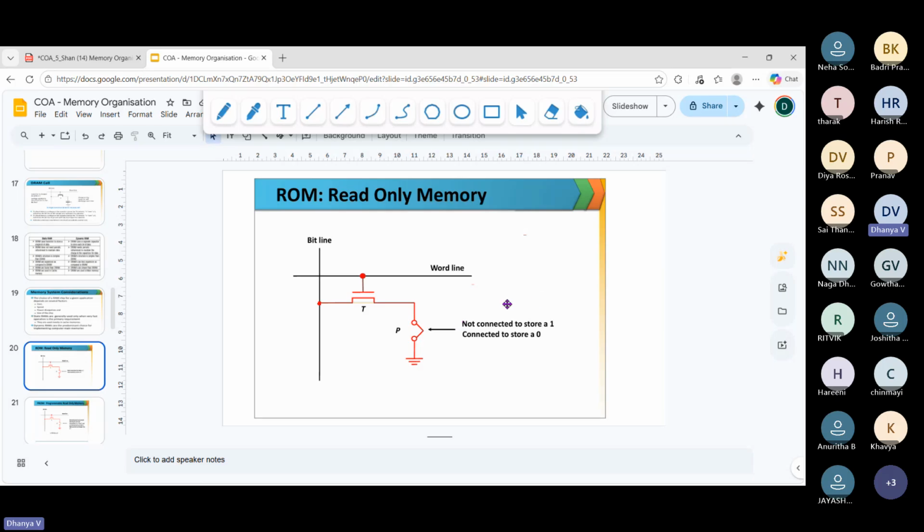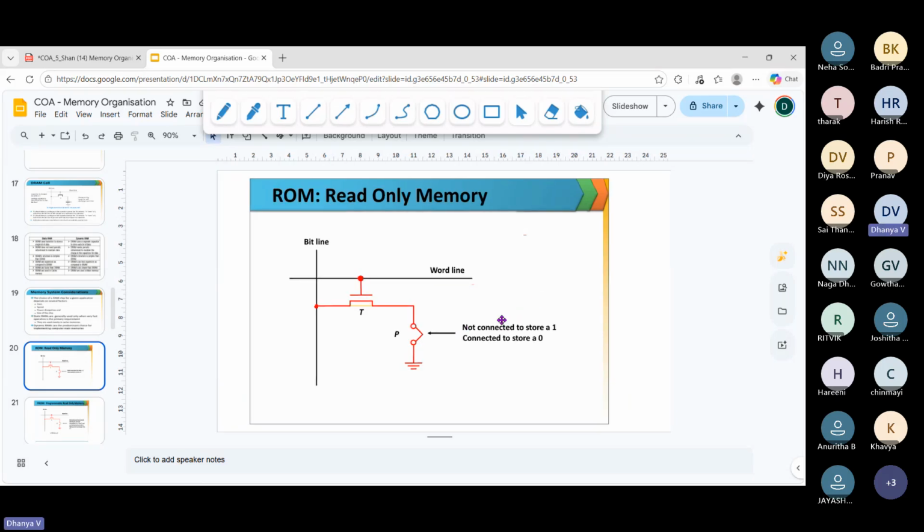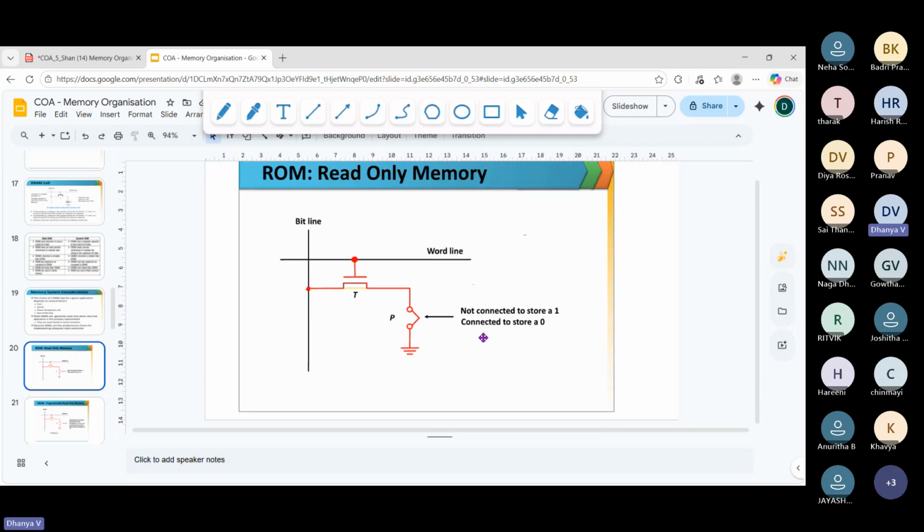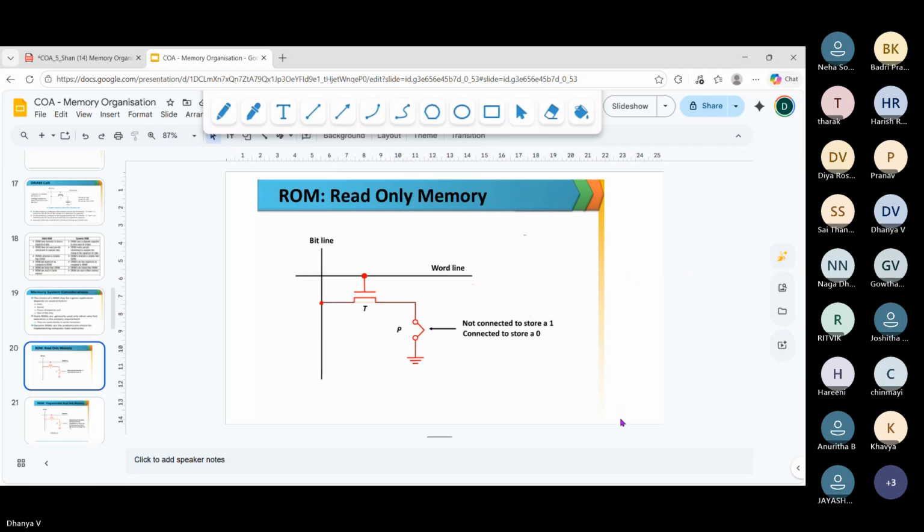If it's not connected, it stores a 1; connected, it stores a 0. That's all, just the diagrammatic representation. But you need to know that this is actually done while manufacturing itself, so you can't change it later. It is manufactured so that when it is not connected, it is storing a 1. If it is connected, it's storing a 0. You can't really program it.